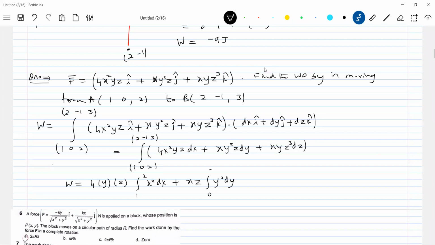Then x and z outside, y square dy. This will be 0 comma minus 1, x y outside, z cube dz, 2 comma 3. What should be the proper values of this? Here the value of y should be 0, z should be 2. After integrating, what is the value of x? x will be 2 and z will be 2. Then what is the value of x? x will be 2 and y will be minus 1.